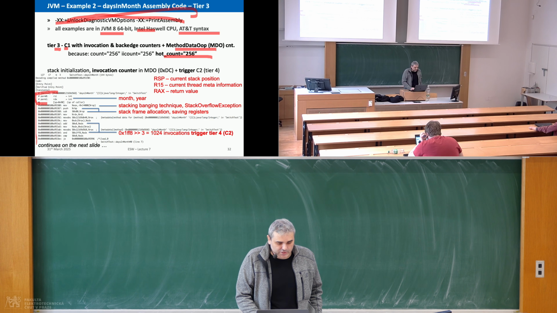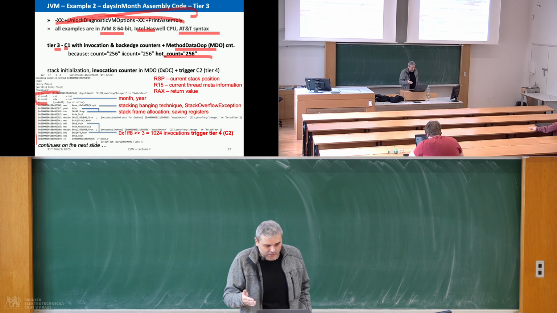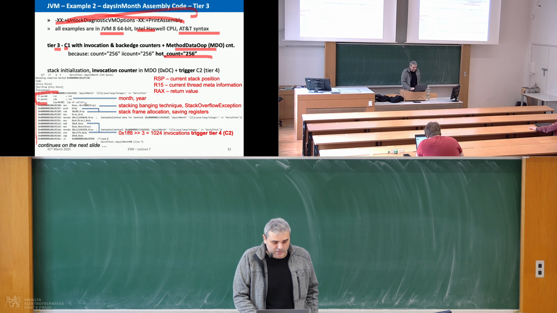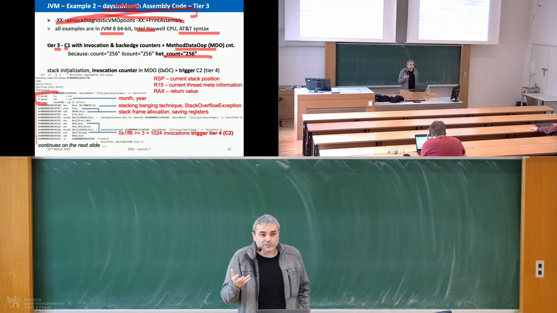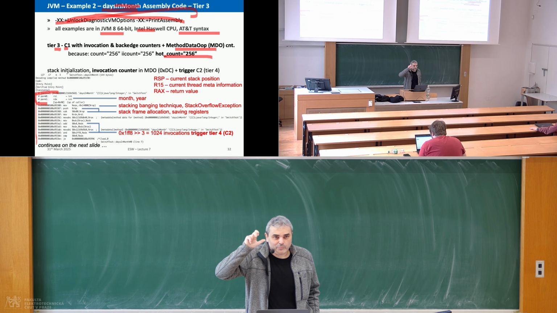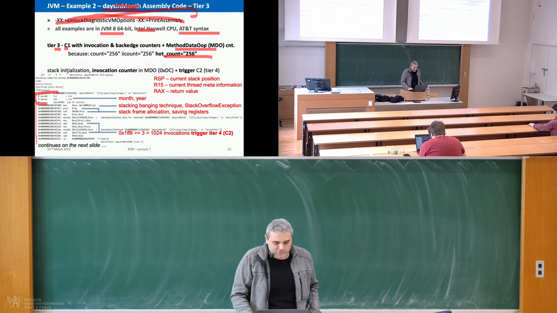At the beginning, you see the mapping of the arguments to the registers, so it helps you understand what is where, and then there is a sequence of assembly code resulting from our days in month method. What we can see here is some stack initialization that's very similar to the result of compilation in C. You always have to allocate the frame. At the beginning of the method, you allocate the frame size needed for the arguments. That's happening here as well.